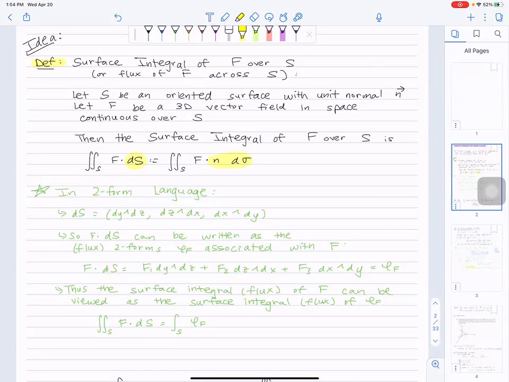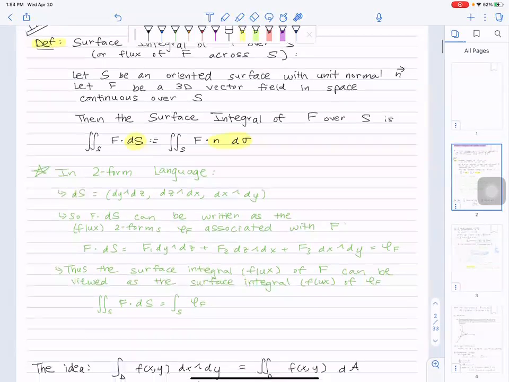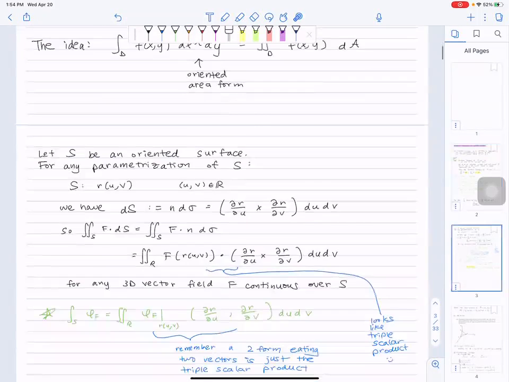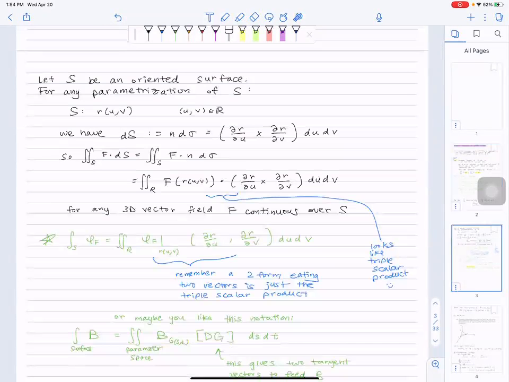And in the two-form language, you would write that the double integral of F dot dS is going to be the integral of the one-form, one-form sub F. Okay, and what is the idea that we're going to be doing? You have some surface, and the first thing you always do is parameterize.